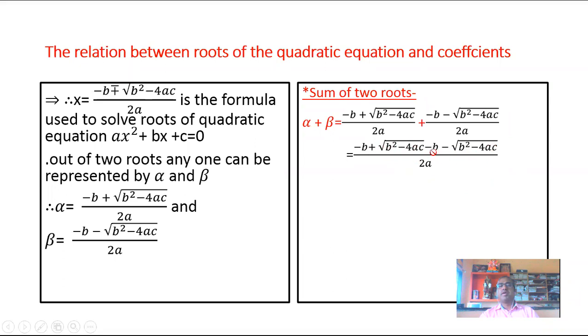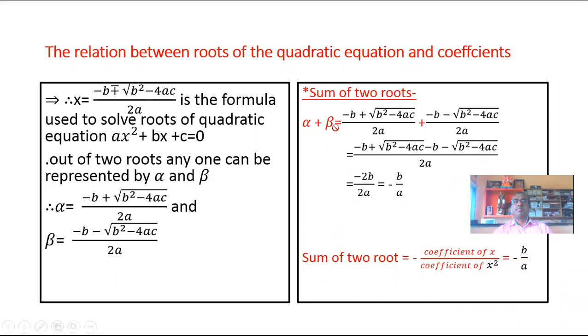And minus b, both terms having the same sign, their addition is minus 2b upon 2a. At numerator and denominator the 2 is the same, 2 gets cancelled, then minus b upon a. Hence, sum of two roots alpha plus beta is equal to minus b upon a.